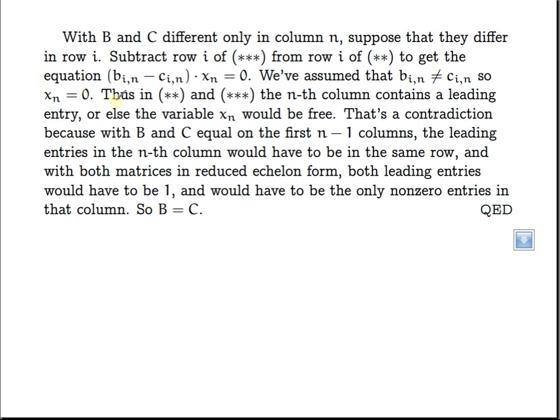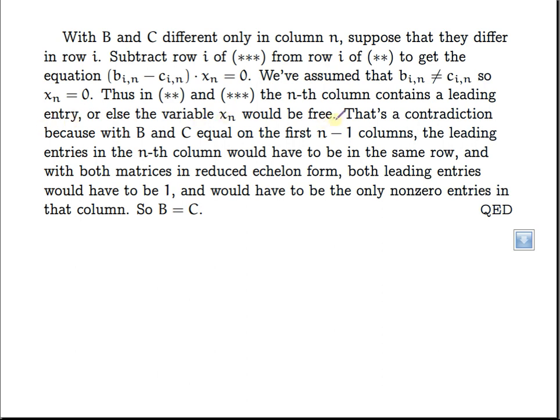Okay. What does that mean? xn must have a specific value. Therefore, xn is not free. Since xn is not free, that means the nth column must contain a leading entry, because we've seen that any column without a leading entry gives us a free variable.